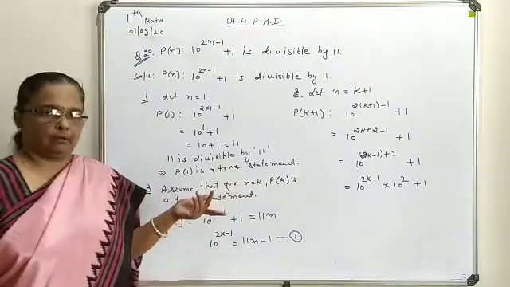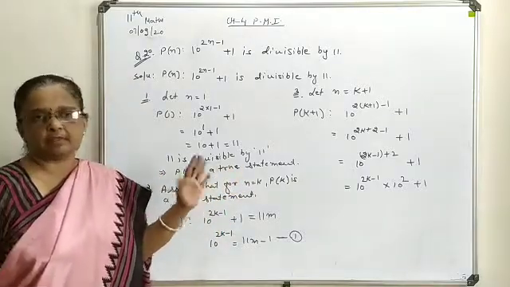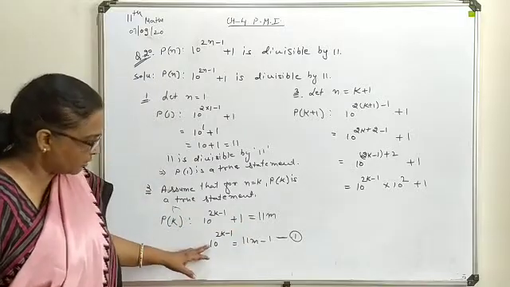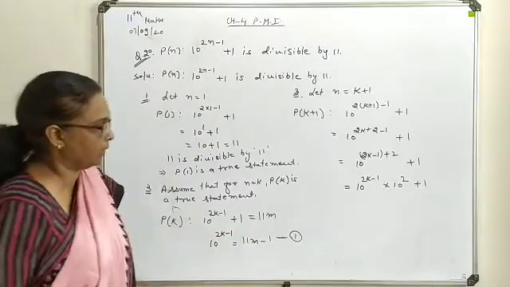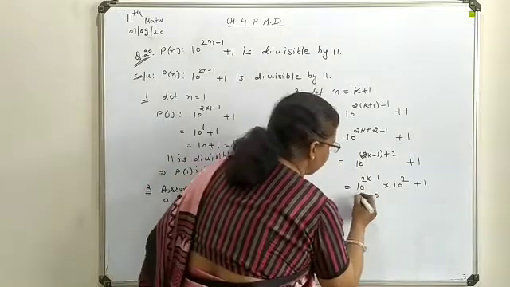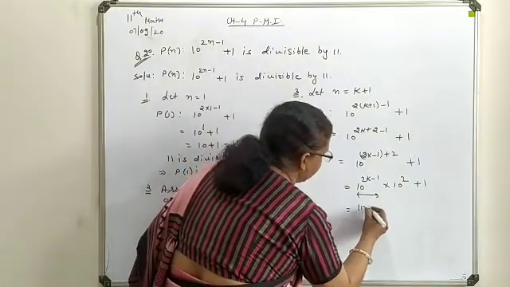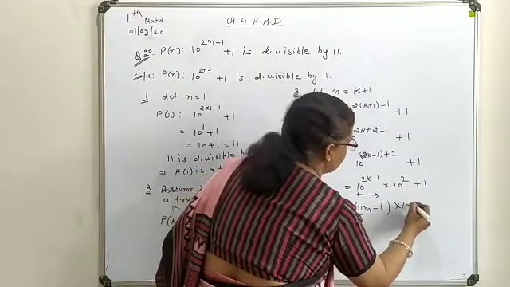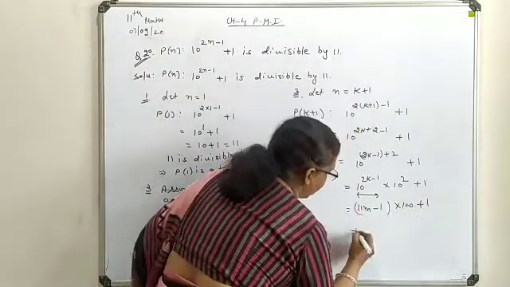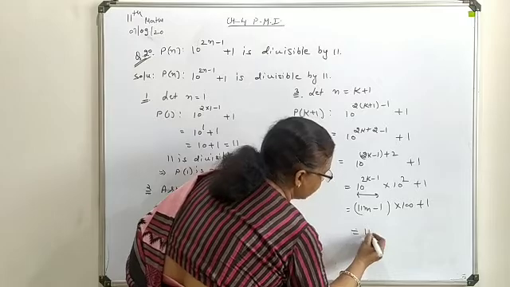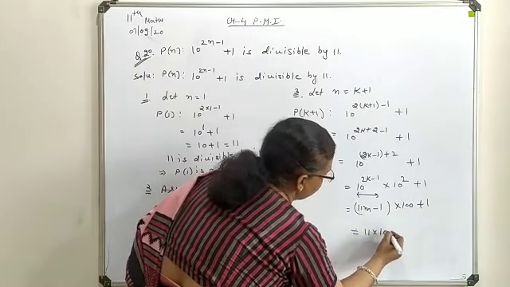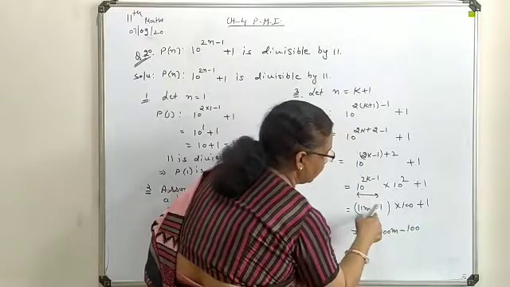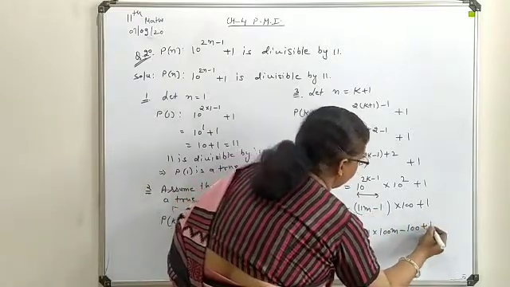In between, if you are not willing to write any step, you don't write. It is not necessary. Now this 10 to power 2k minus 1 term we will replace by 11m minus 1. 10 square means 100, plus 1. Now this is 11 into 100 of m minus 100, multiplying both, plus 1.